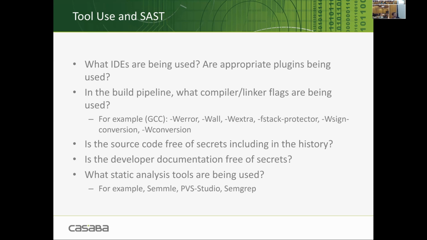That type of stuff happens. Not including the .env file in your gitignore can lead to issues. Developer documentation should also be free of secrets. I've seen a lot of pictures and documentation that have all the information that you need.